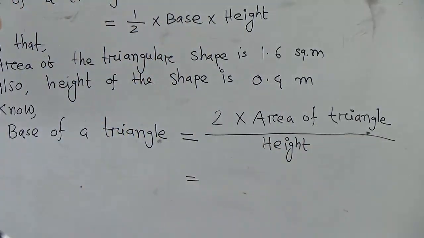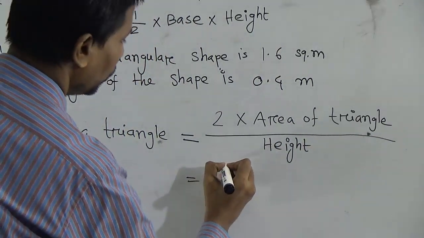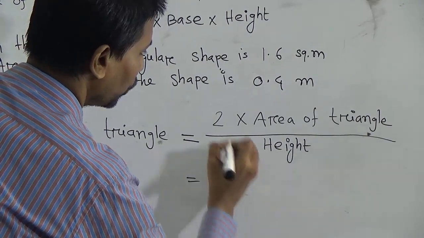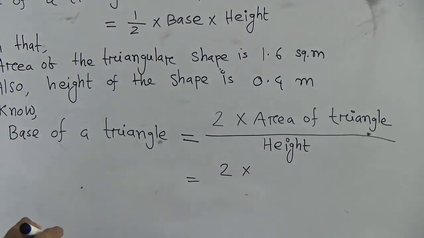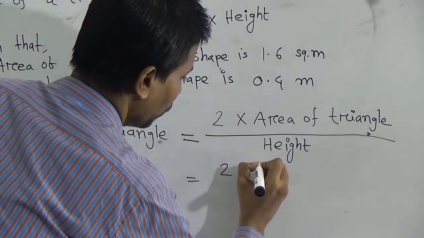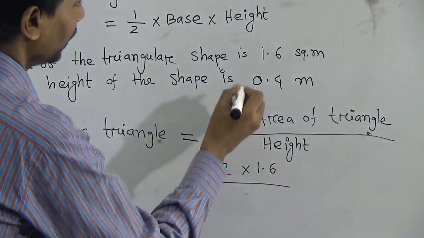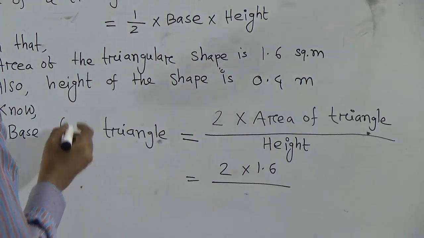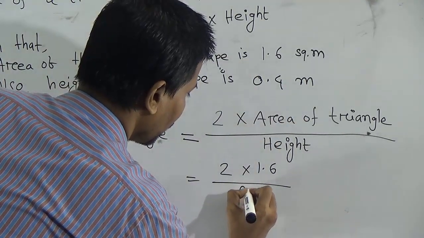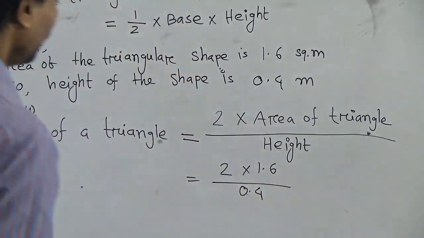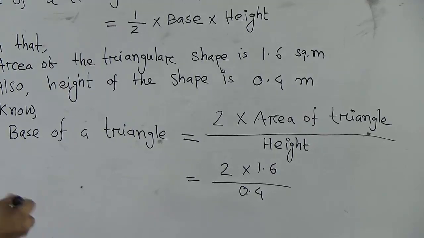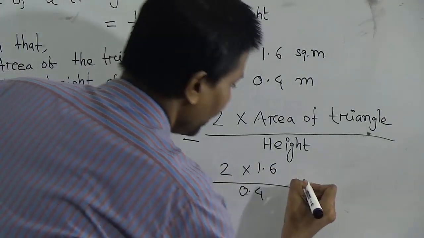Look, 2 here into area of triangle is given 1.6. Put now 1.6, then height 0.4.